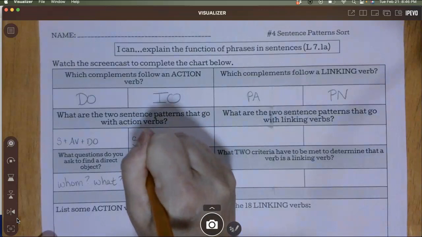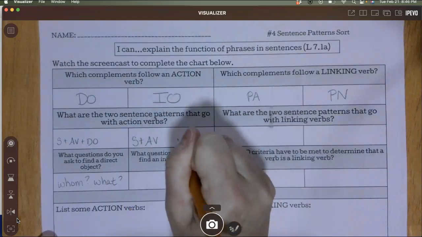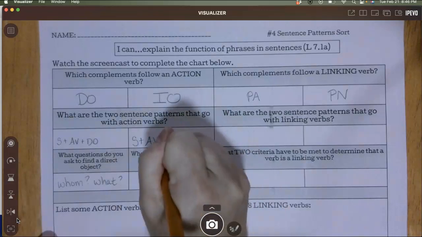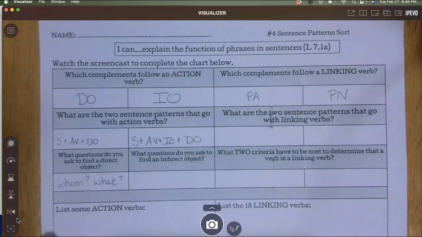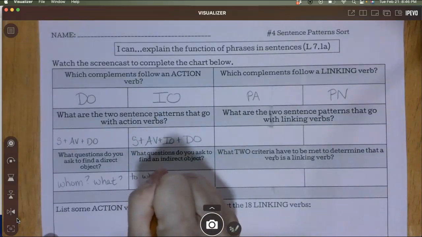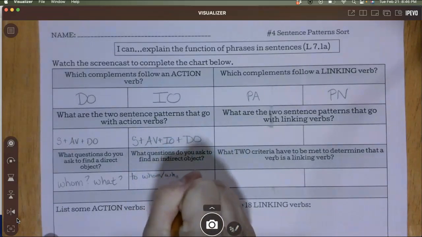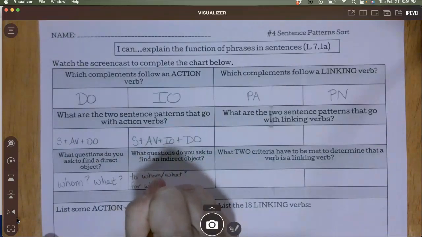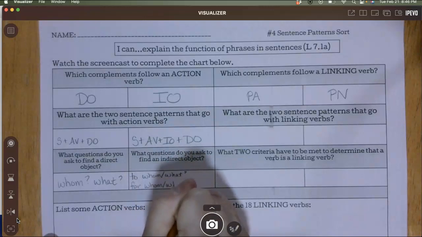We'd start with a subject and action verb. We always look for the direct object first, and then if there's an indirect object left in between, we ask the question to whom or what or for whom or what.